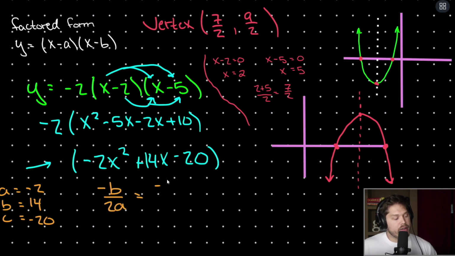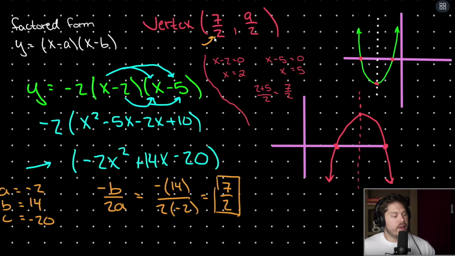So we plug in negative b, so we have negative 14 over 2 times negative 2. And this leaves us with positive 7/2. So notice that we get the same value, just as we should.